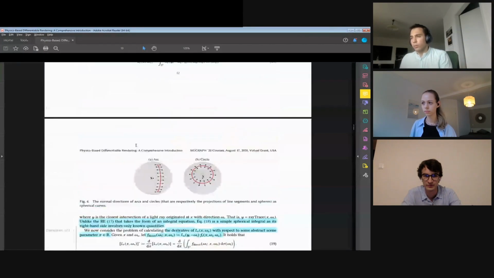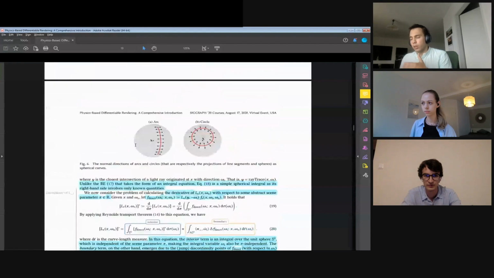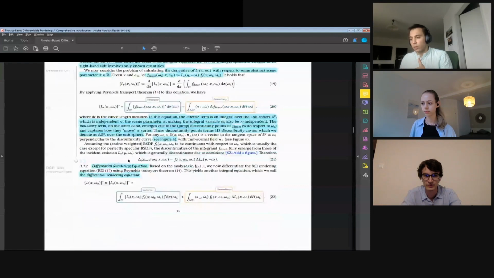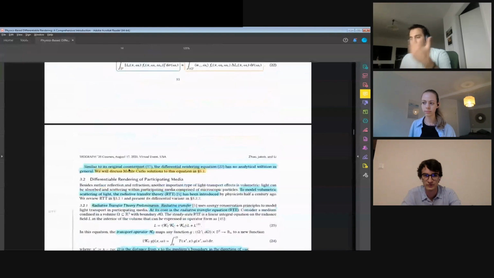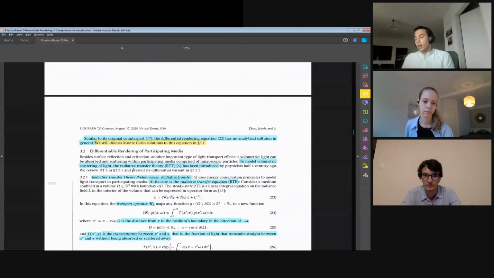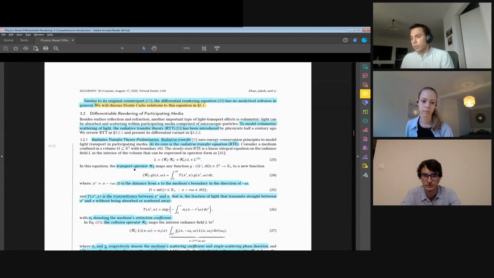They first of all talk about the direct illumination case, then they extend it to the differential rendering equation, and then they finally continue with differentiable rendering of participating media, which is a really rough read for me, at least.